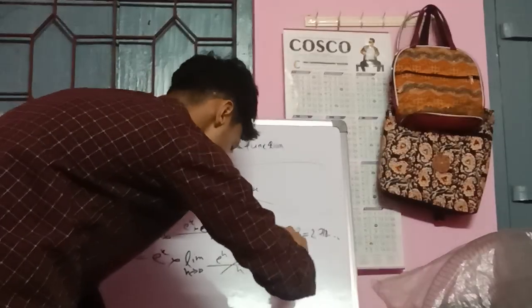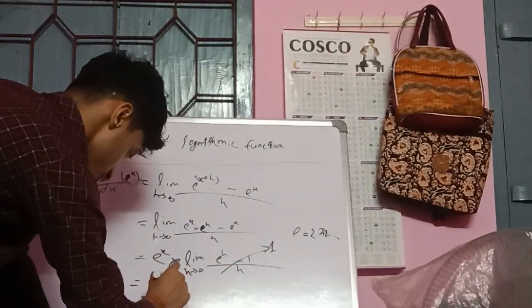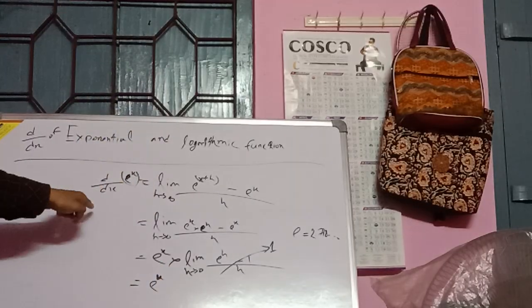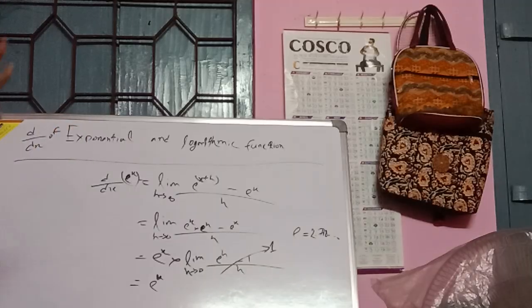This converges to 1, so this just leaves us with e to the x. So the derivative of e to the power x is also e to the power x. This is very crucial.